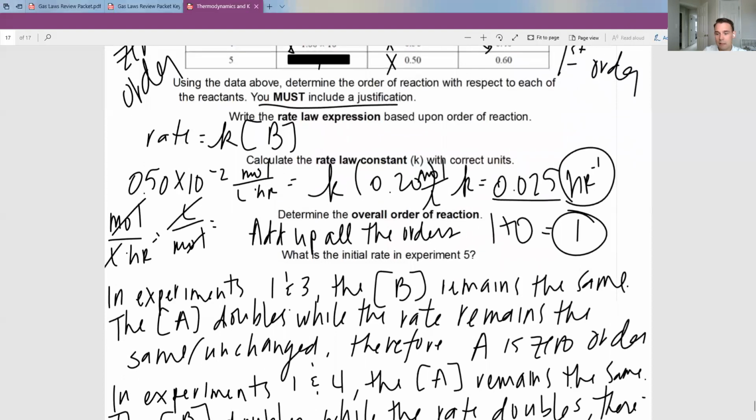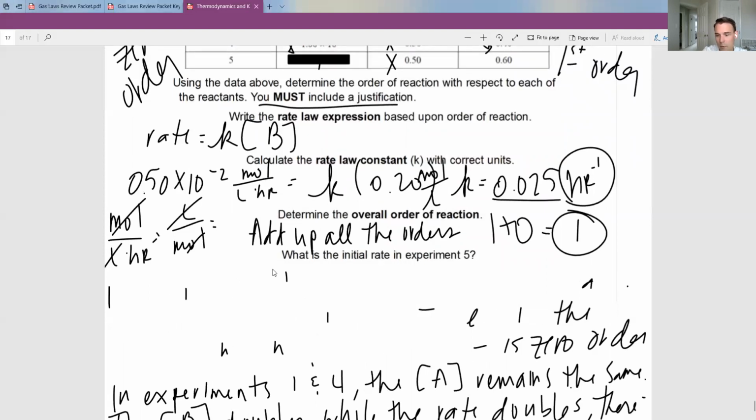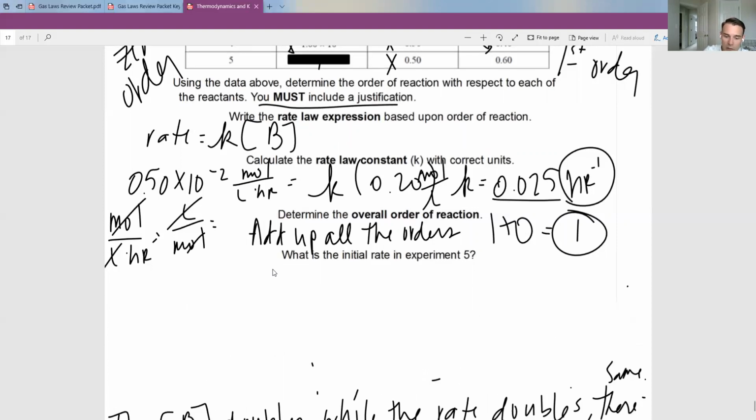And then finally, I want to figure out what is underneath this black box. I'm going to erase this information here so I have some room. So now I know what my k is. I have my rate law. So I can just plug everything in and I'll be able to solve. So again, this is my rate law expression. I'm trying to solve for the rate for experiment 5.